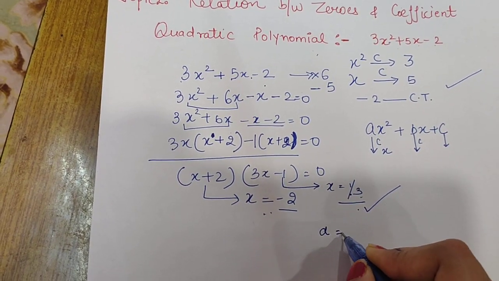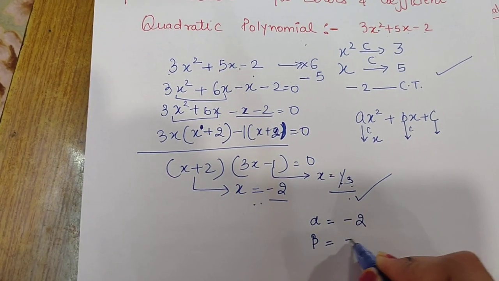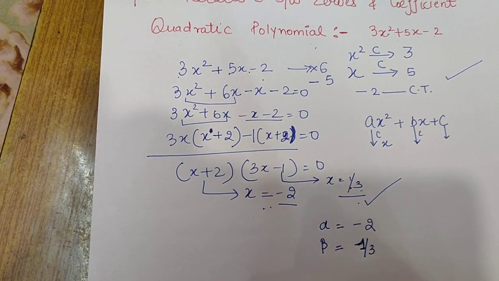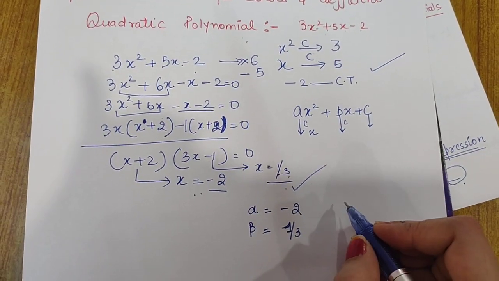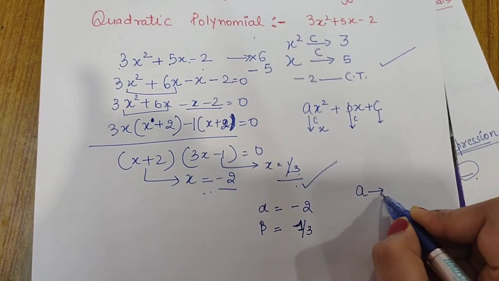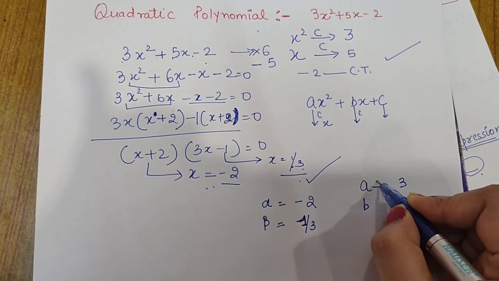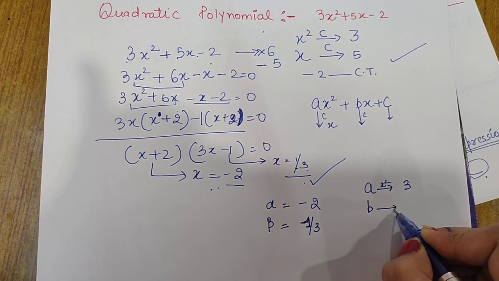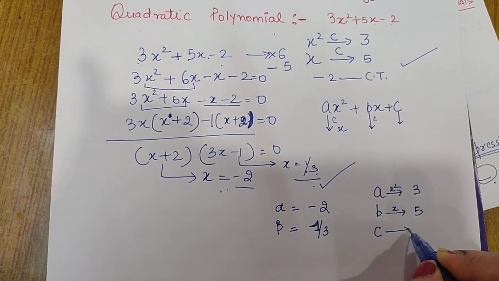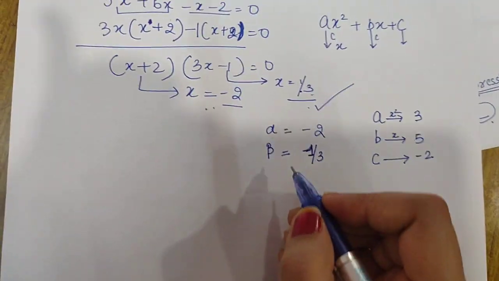So alpha I am taking as minus 2 and beta as 1 by 3. And the coefficients of the polynomial: a is the coefficient of x square, so a value is 3. b is the coefficient of x, so b value is 5, and the constant term c is minus 2. Clear?